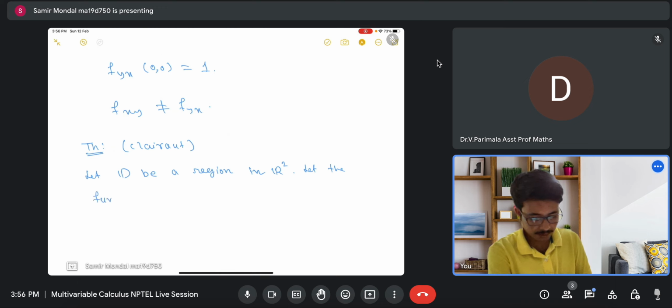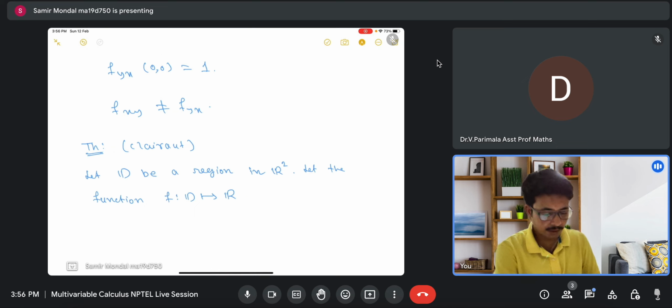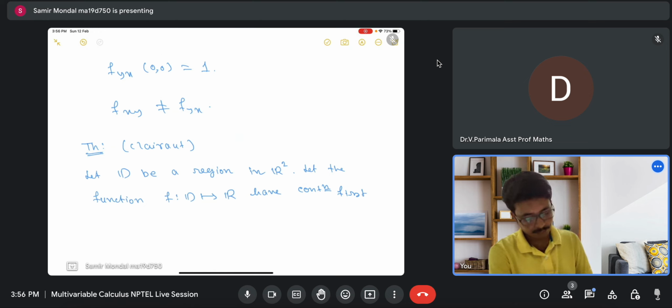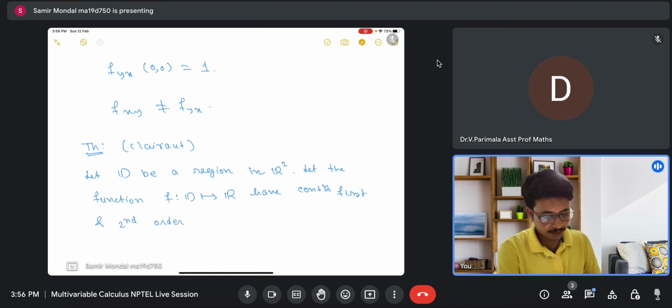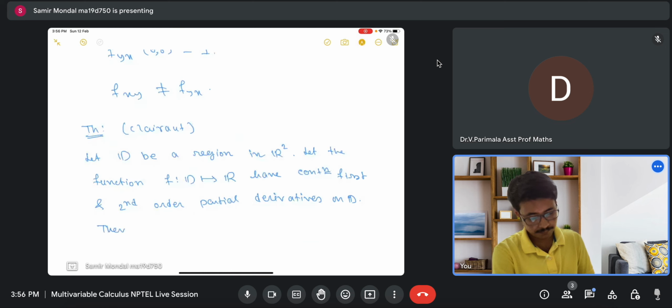Let the function f from D to R have continuous first and second order partial derivatives on D, then these two quantities are the same.